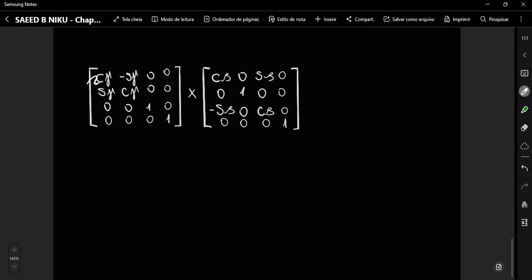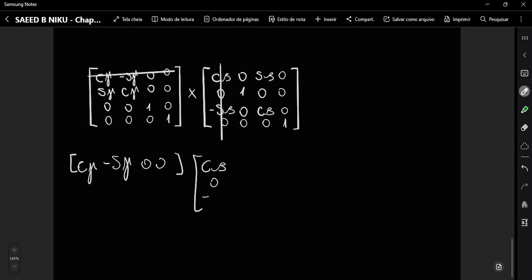Let's see, this line multiplied by each column, and so cosine gamma, minus sine gamma, 0, 0, sine of beta, sine of gamma, sorry.